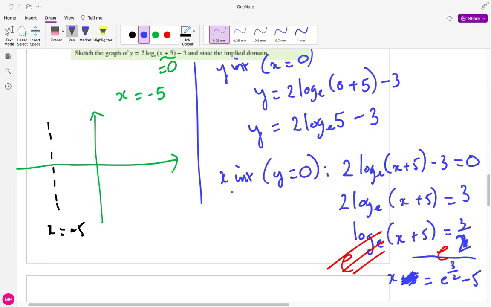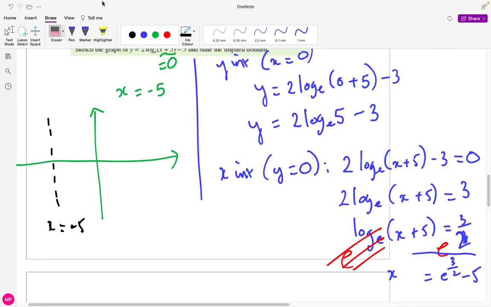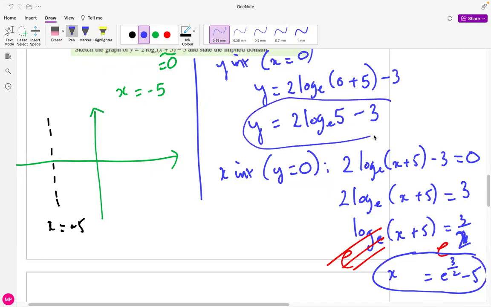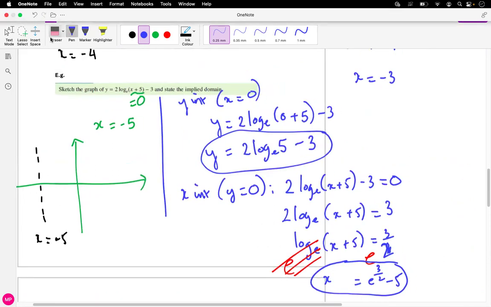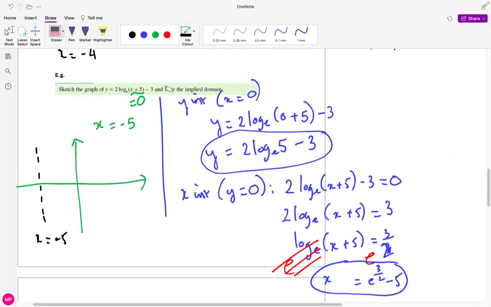So you would have the x and y intercepts here: x equal e to the power of 3 over 2 minus 5, and y equal 2 log a of 5 minus 3. Now, how do we estimate this? This is a bit more challenging because you have to know what log a of 5 is. You could use a calculator, and if you think with common sense, a is 2.7 roughly.